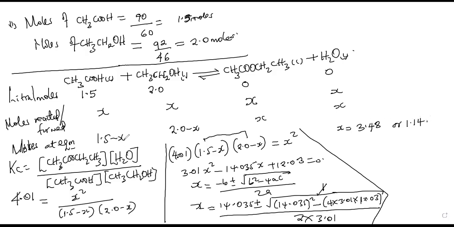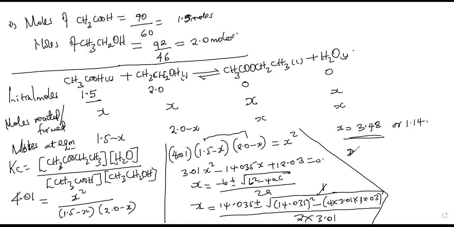But x cannot be 3.48, since the number of reacted moles cannot be greater than initial moles. That's why we subtract. They shouldn't go beyond 1.5. So that's why we shall end up taking that.